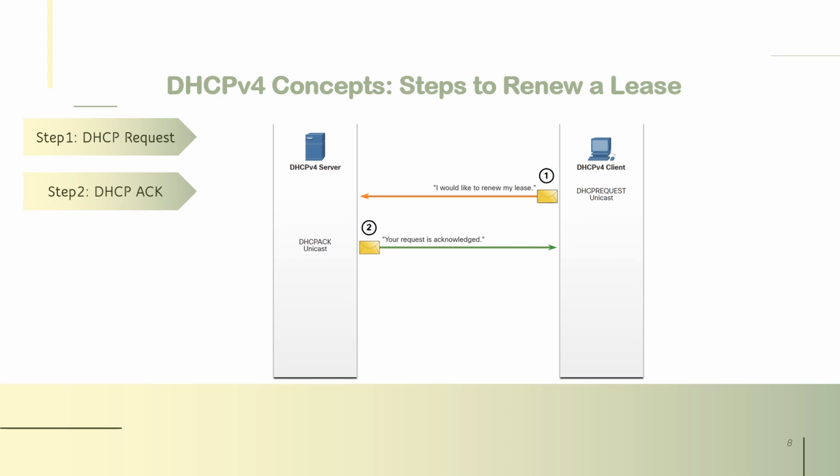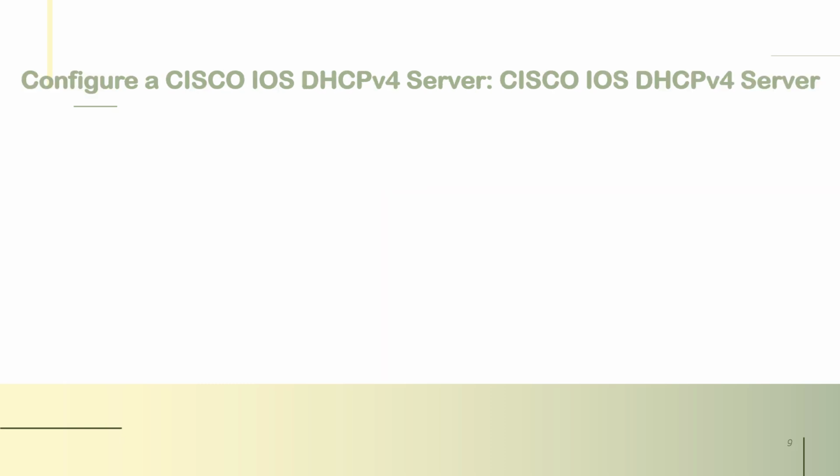So after we are done with the information, now we will go to the process of configuring a Cisco IOS DHCP version 4 server. If we do not have a separate DHCP version 4 server, we will show how to configure a Cisco IOS router to act as a DHCP version 4 server.